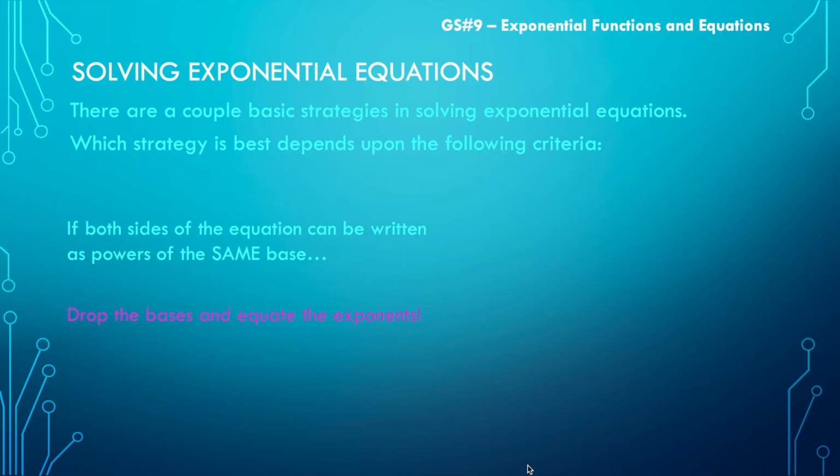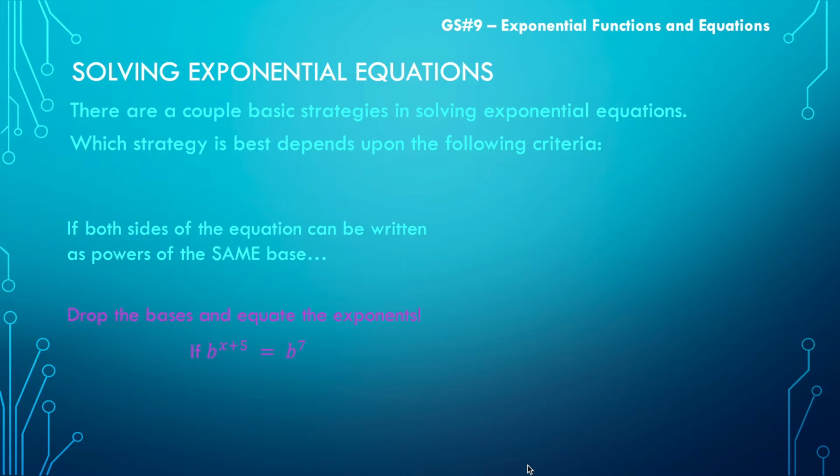One really good way of solving exponential equations is by using the technique of common bases. You can do this only if both sides of the equation can be written as powers of the same base. For example, if you can write both sides of the equation with one specific base, in this case, b is the base.